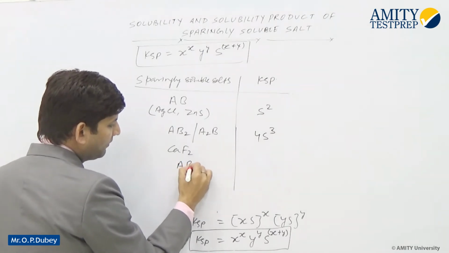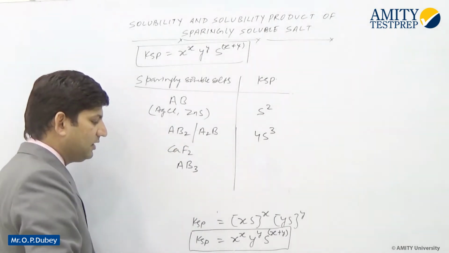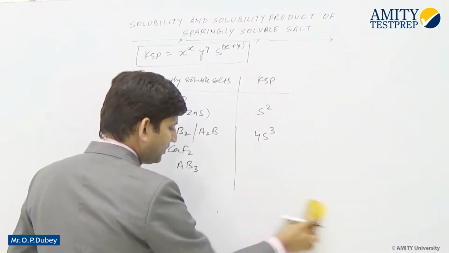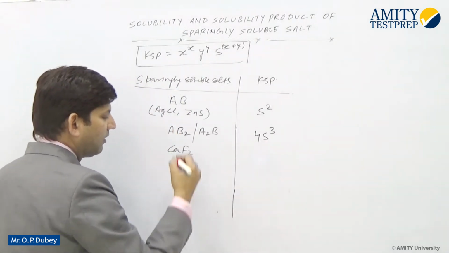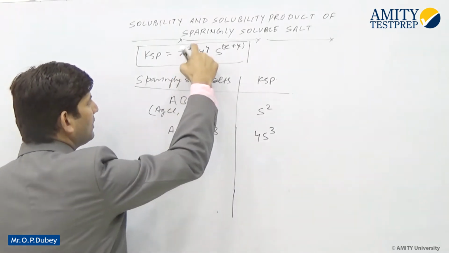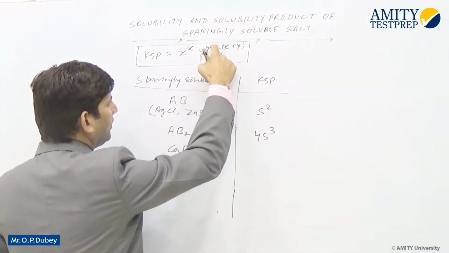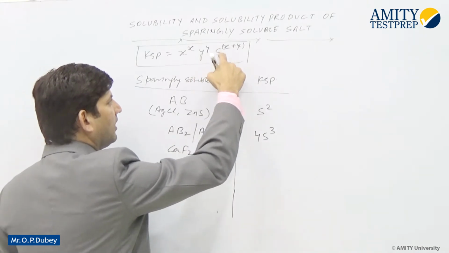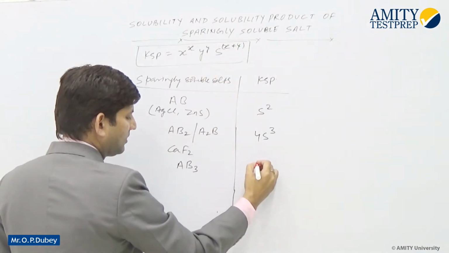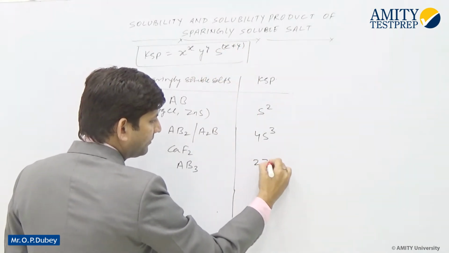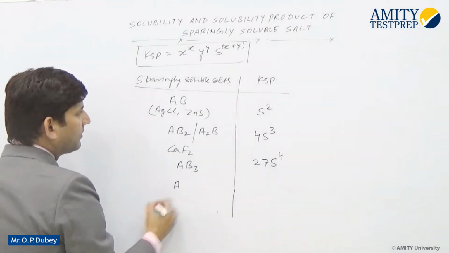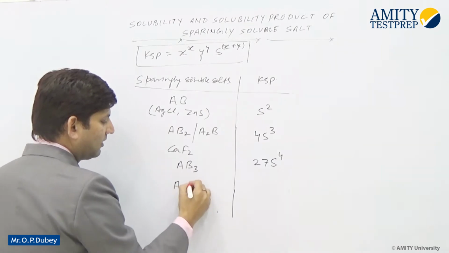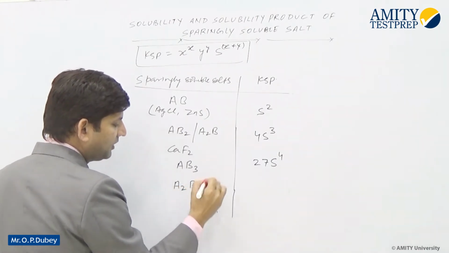Suppose a salt is AB3 type. For an AB3 type salt, the value of x is 1 and y is 3: 1 raised to the power 1, 3 raised to the power 3, which is equal to 27, and S raised to the power 1 plus 3, that is 4. So Ksp is 27 S raised to the power 4. Suppose the sparingly soluble salt is A2B3 type.